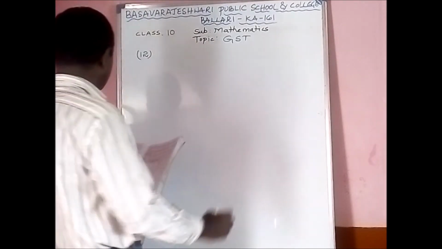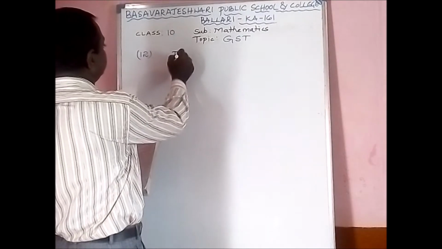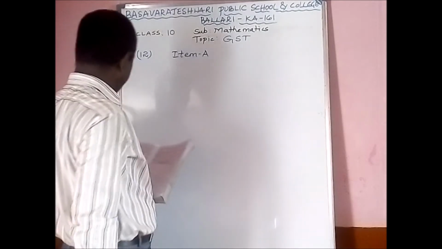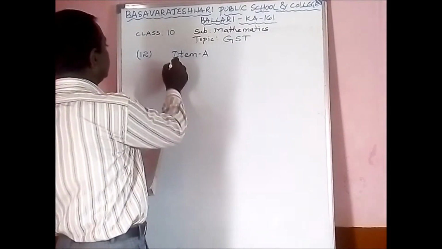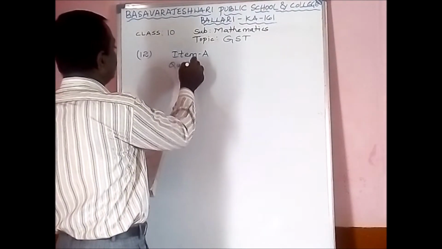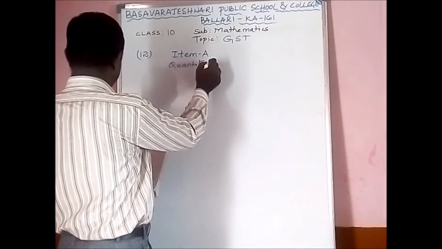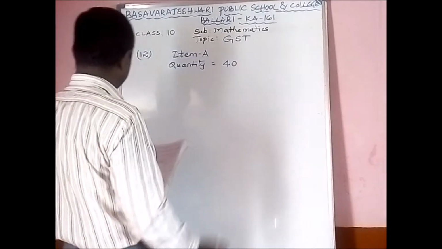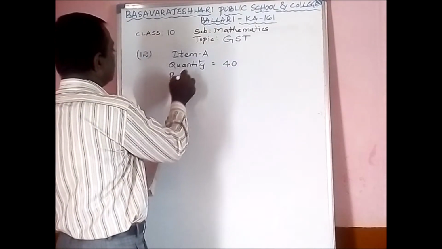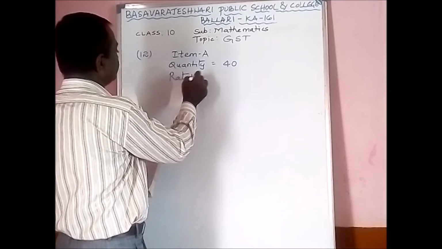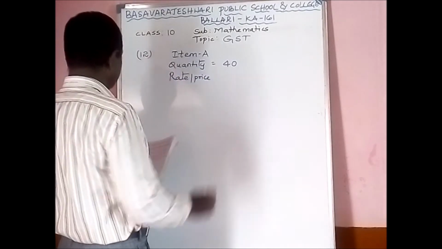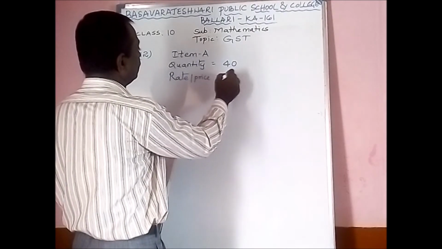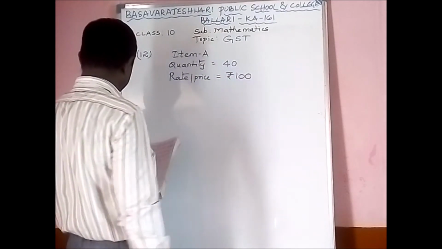Okay. So now I will take item A. Quantity, how much? Quantity is the number of pieces, that is 40. Rate per piece is rupees 100.